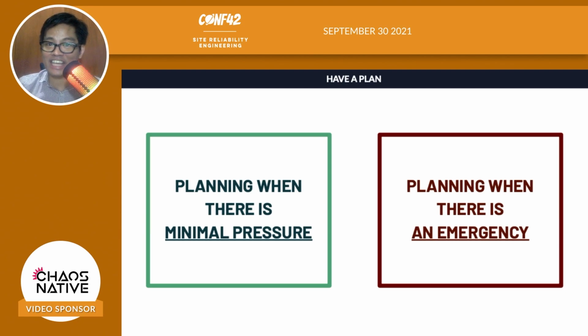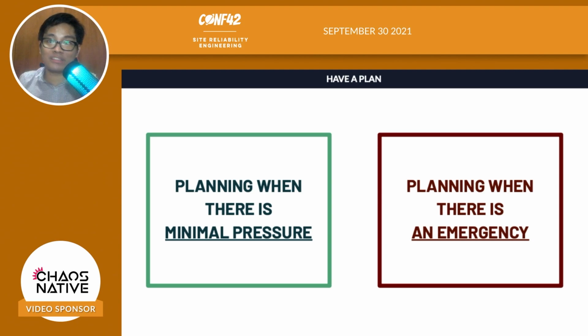In reality, generally, when there's an emergency, there's the time constraint. And when we are planning, the more time that we have, the better. And when there's minimal pressure, or no pressure at all, it's better to plan because we have the opportunity to prepare an exhaustive list of what we need to do to be able to accomplish everything that we need.